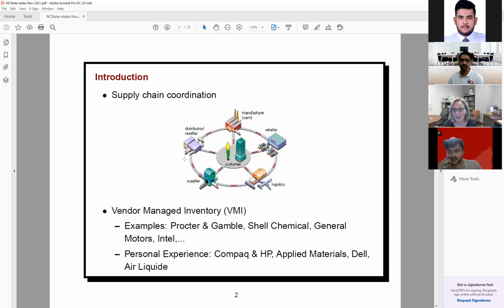Vertical coordination is coordination of decisions that belong to different functional specialties within a firm. For example, if you're interested in coordination of inventory and pricing decisions, inventory decisions would fall under the logistics function, pricing decisions would fall under the marketing function, then I say we are interested in a vertical coordination problem.